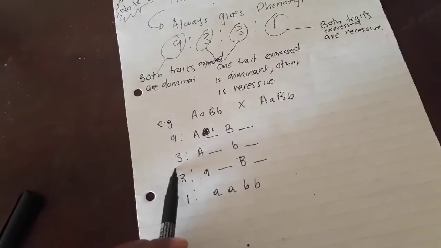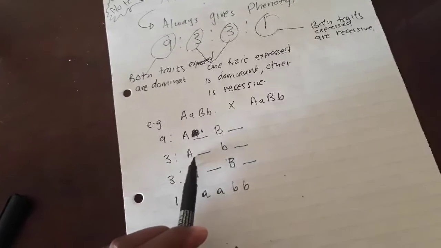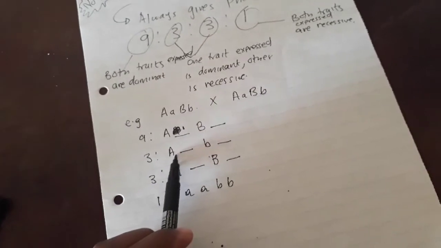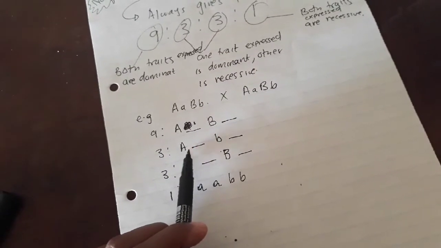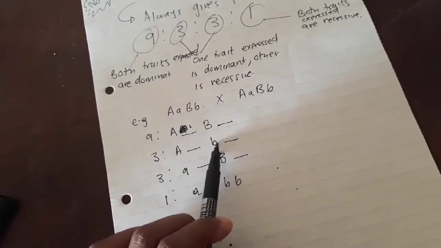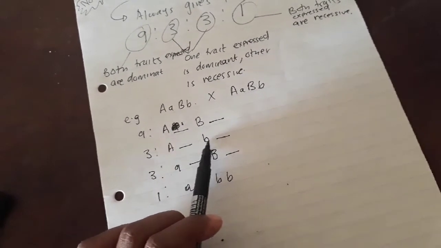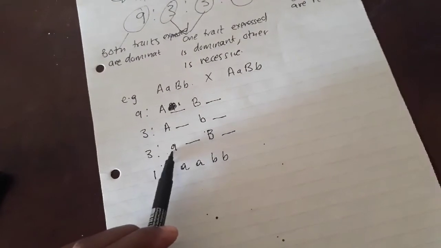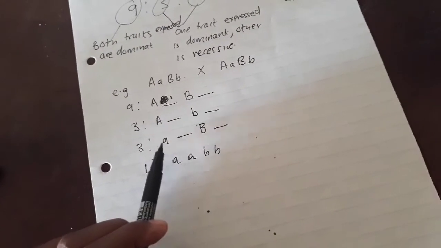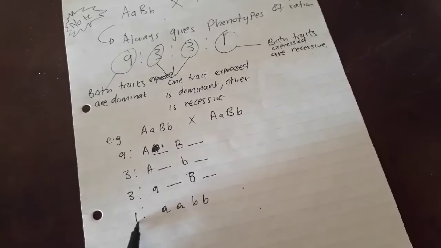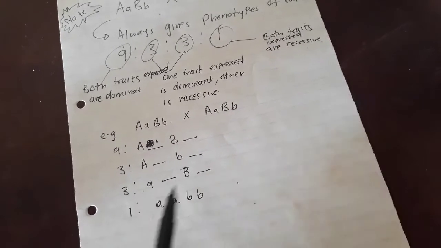Then for 3, we will either have one allele which is dominant for one trait, regardless of the second allele, and for the other trait, it is recessive. And the other option is when one trait is recessive and the other trait has a dominant allele. Then the 1 ratio is when both traits are recessive.